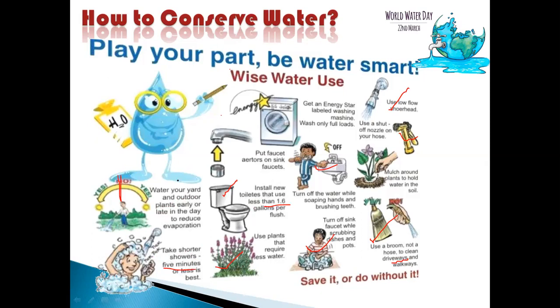By that, we all can consume less water and save more for others. There is a World Water Day, 22nd March, by which we can conserve water for a longer period of time on the earth.